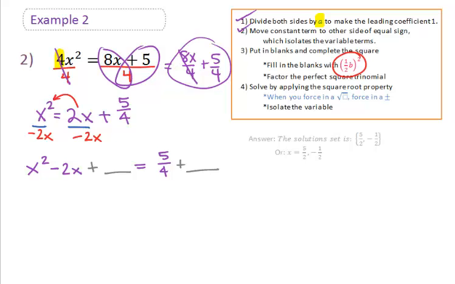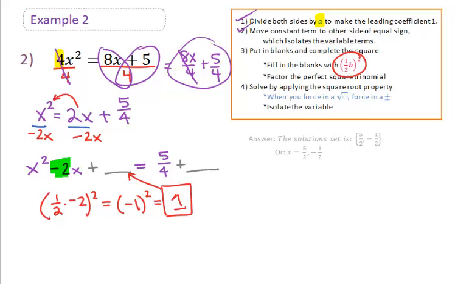My b term in this problem is a -2. So I have 1/2 times my -2 squared. 1/2 times -2 gives me -1, and -1 squared gives me a +1. So that's what I fill in both of my blanks with, a +1.